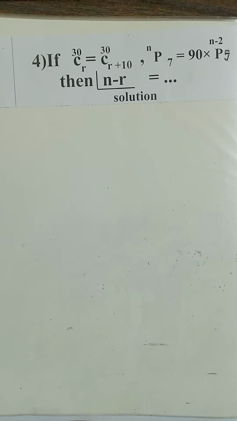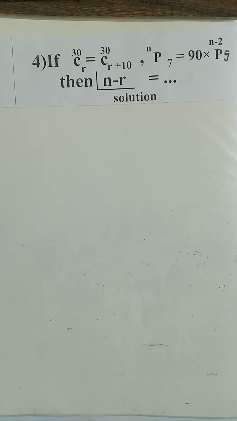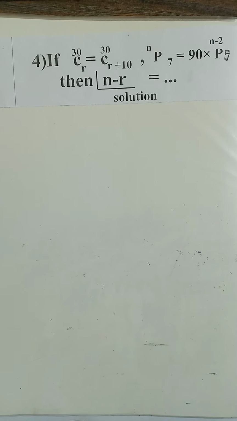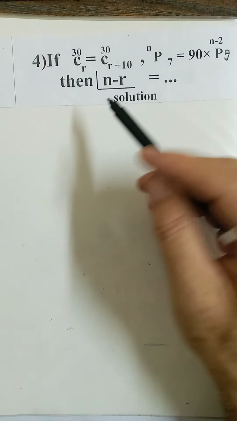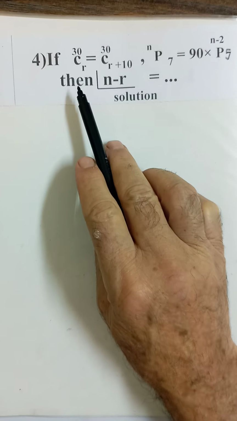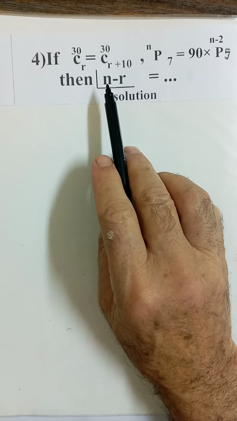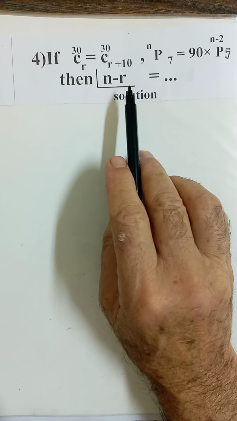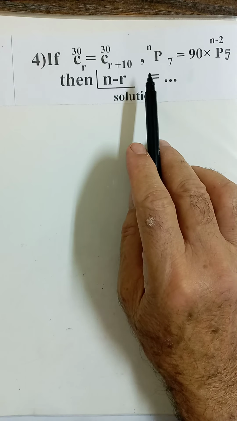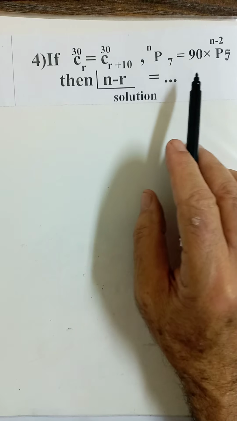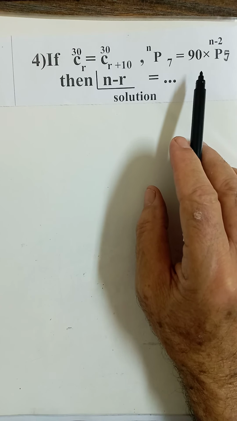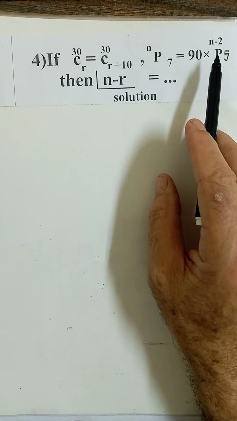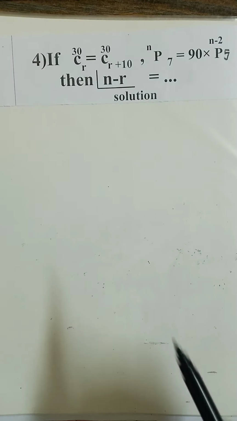The next. 30CR equals 30CR plus 10, and nP7 equals 90 times n minus 1 P5.